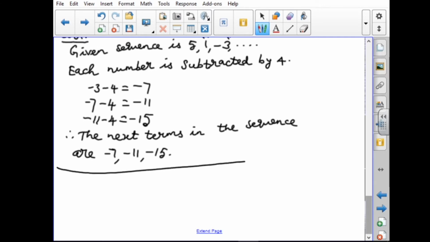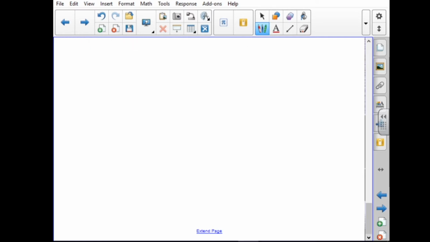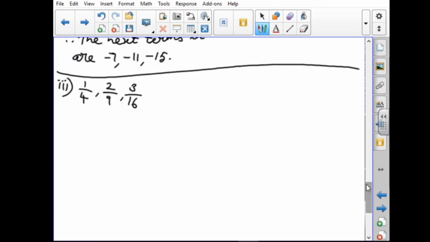Next you have to see the third one. Third sum they have given 1 by 4, 2 by 9, comma 3 by 16. 1 by 4, 2 by 9 and 3 by 16.